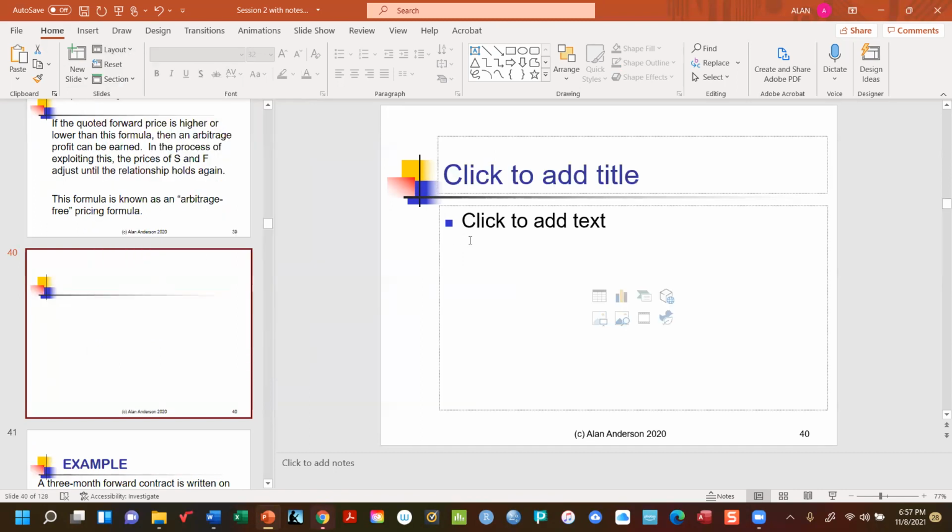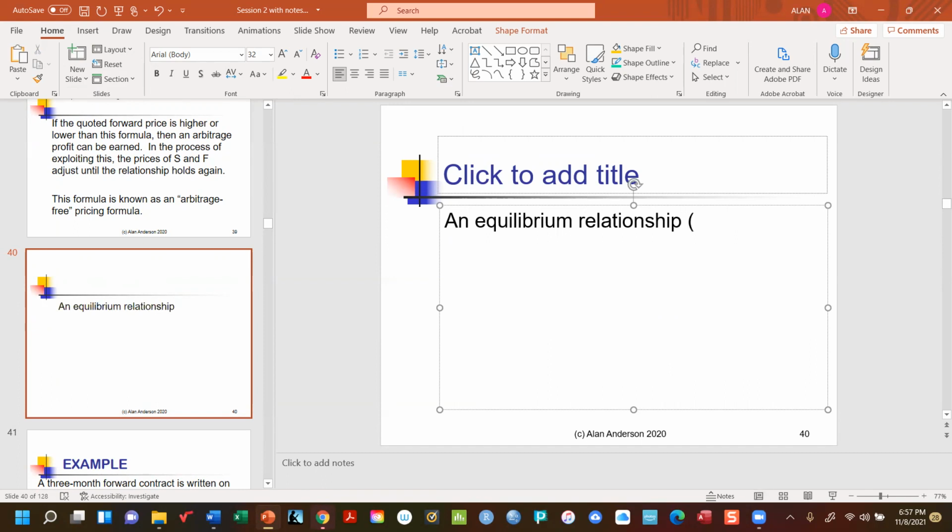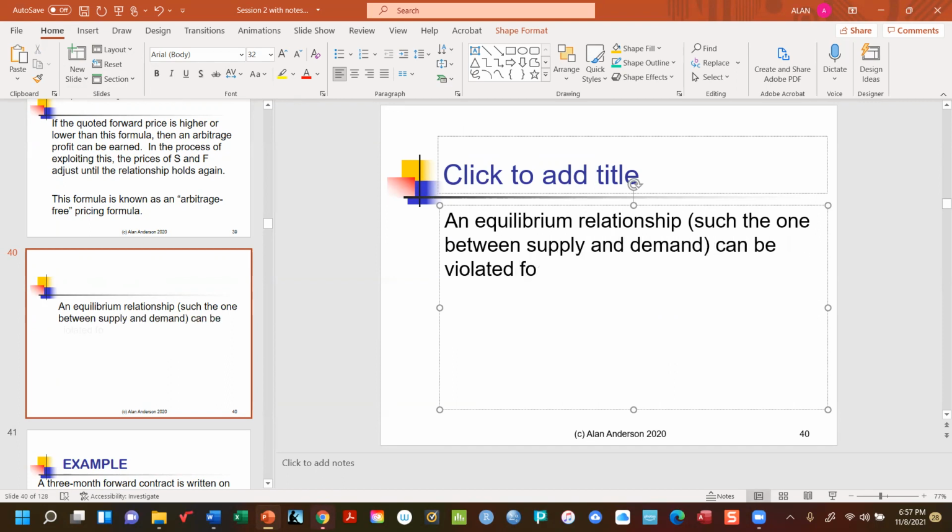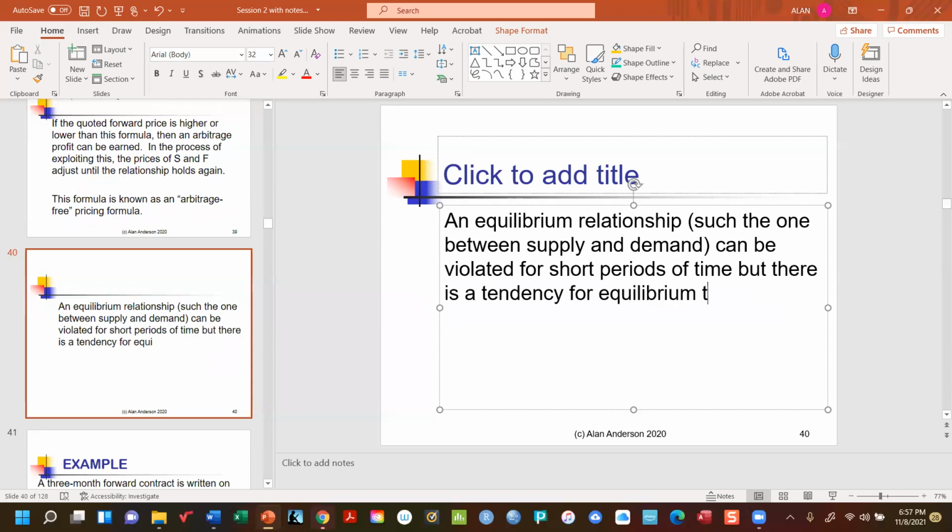An equilibrium relationship, such as the one between supply and demand, can be violated for short periods of time, but there is a tendency for equilibrium to be reestablished when this happens.